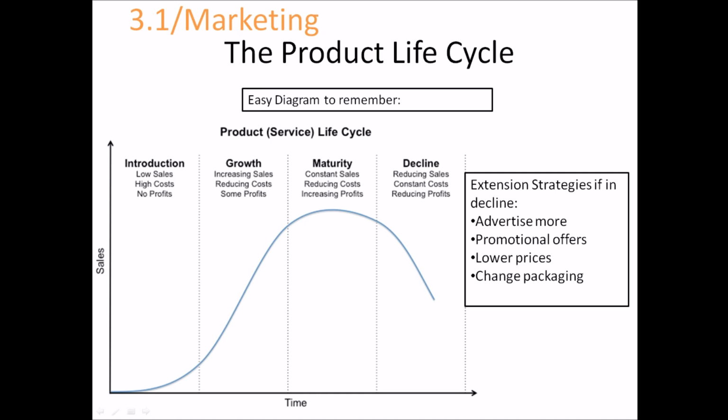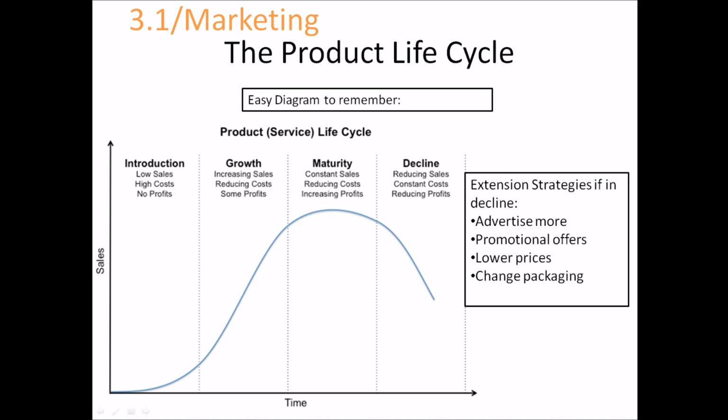It then goes into the growth stage, which is an increase in sales, a reduction in costs, and some profits. Then the maturity stage, when there's constant sales, a reduction of costs, and a big increase in profits. Decline is when everything starts to reduce. There's constant costs, a reduction in sales, and a reduction in profits as well.